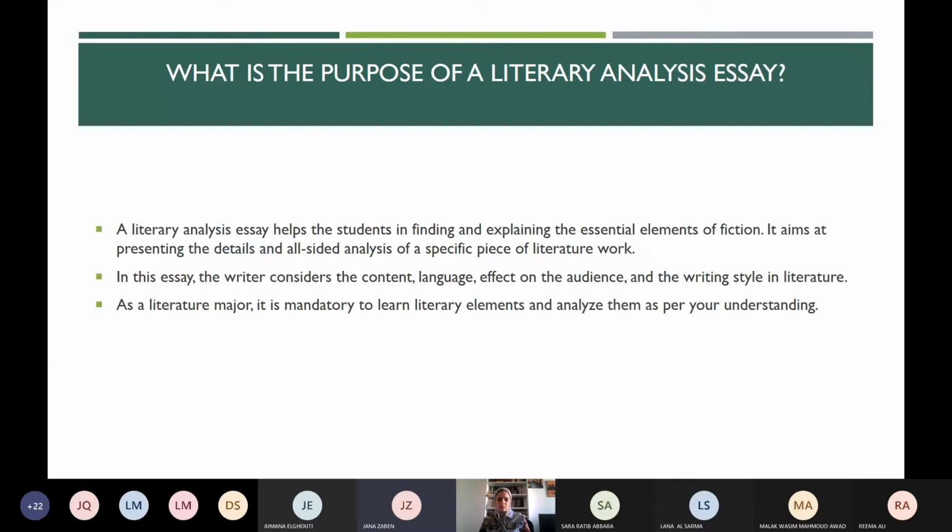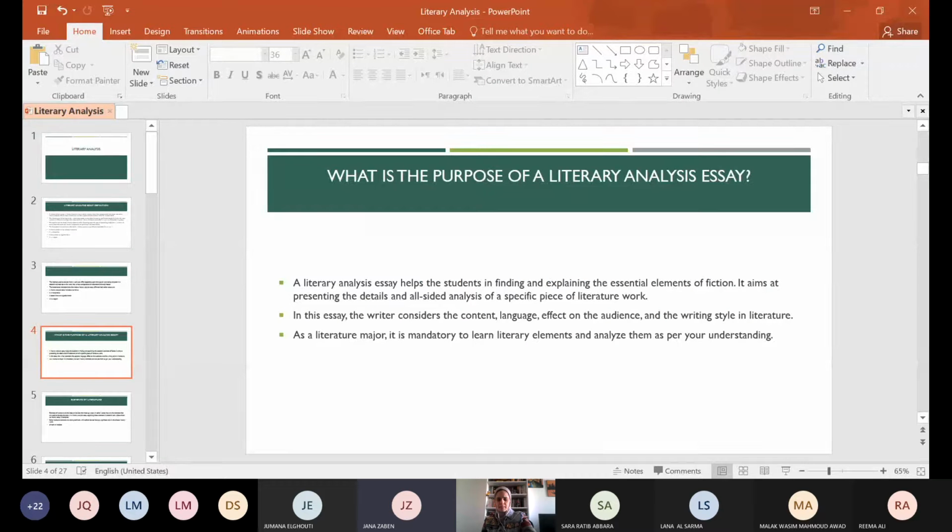It aims at presenting the details and all-sided analysis of a specific piece of literary work. In this essay, the writer considers the content, language effect on the audience, and the writing style in literature. As a literature major, it is mandatory to learn literary elements and analyze them as per your understanding.